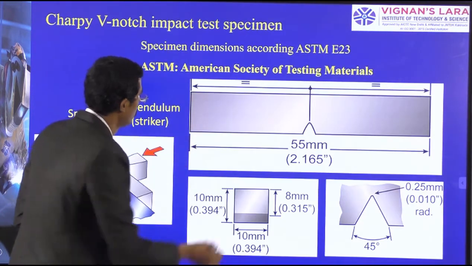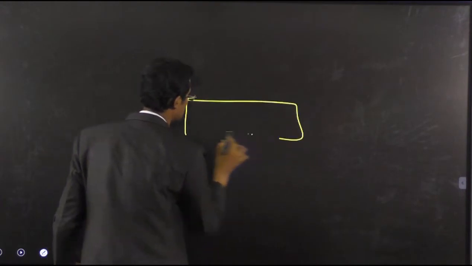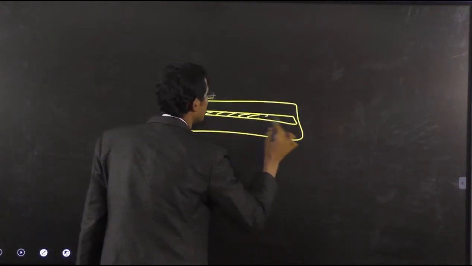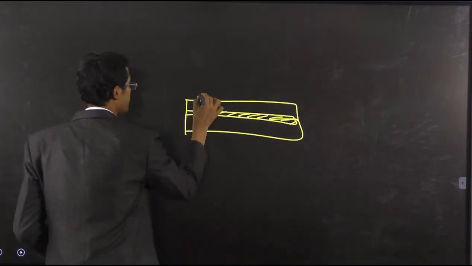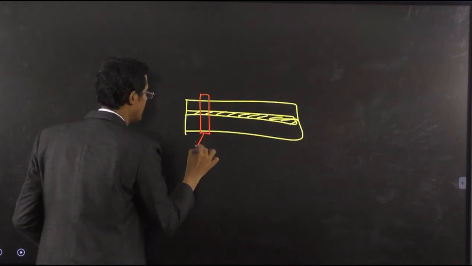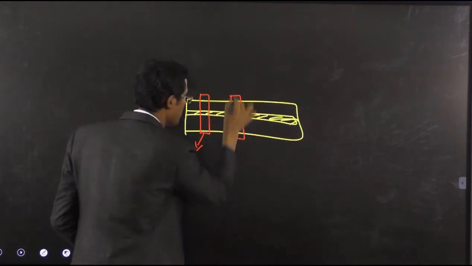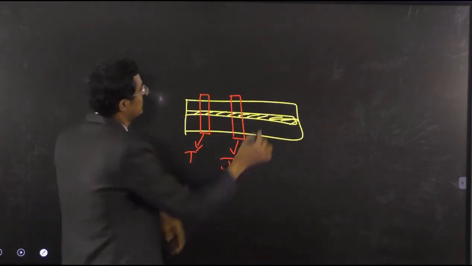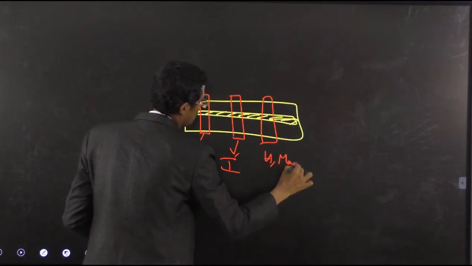See, we have taken the specimen. We have done the welding process, and the weld is here. The first specimen we have taken for tensile. I am taking the second specimen now, maybe here, for the impact test. The third one we take for hardness, macro.